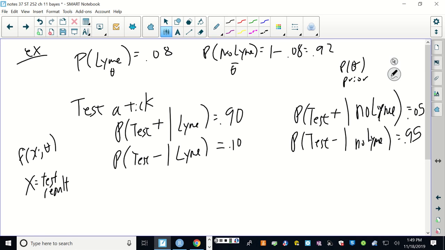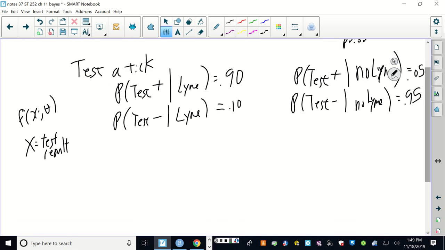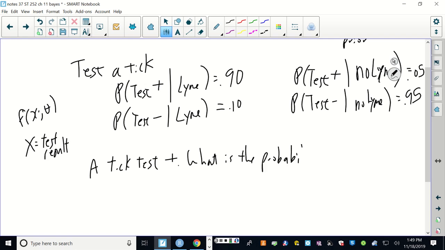So this is like our prior, and this is like our likelihood, or our model for the world. And now a tick tests positive. What is the probability that the tick has Lyme disease? Probability T.